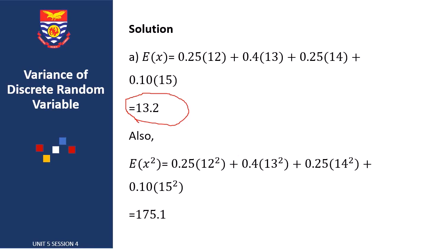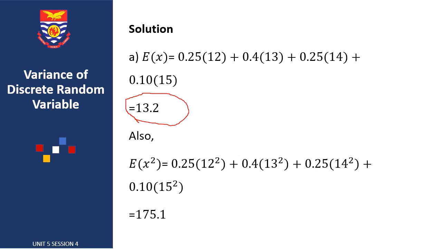You see, this one is quite different from example 1 because the probabilities are not the same, unlike example 1. We multiply each probability with its corresponding random variable, and this gives us 175.1. Of course, the answer to the first part of the question, the A part, the expectation, the mean, is 13.2.